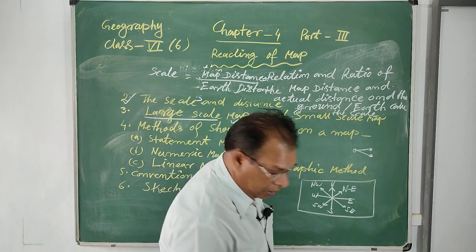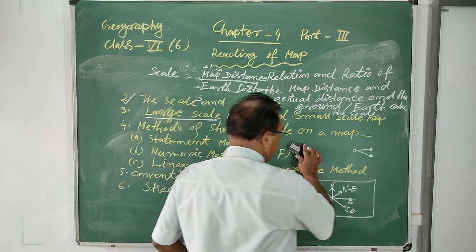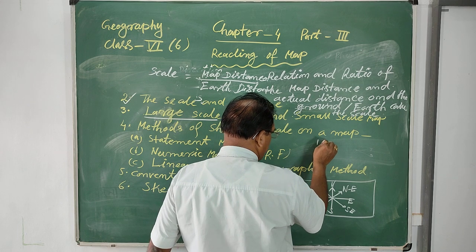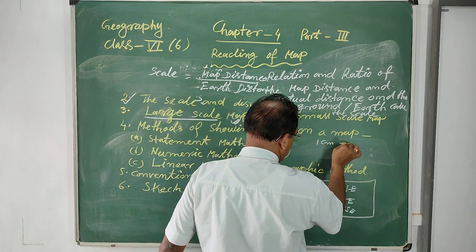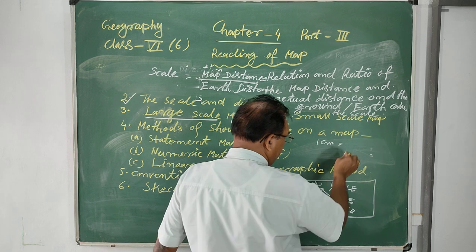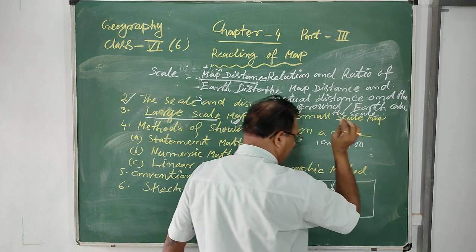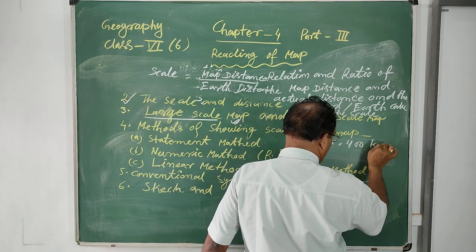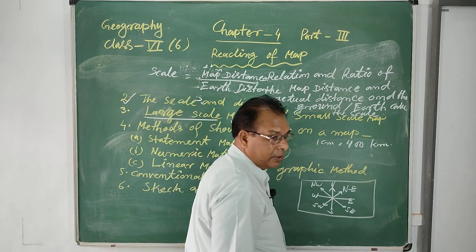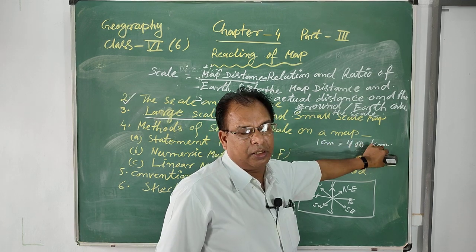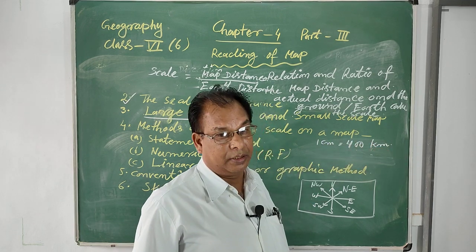Why? In this large scale, suppose that 1 cm is equal to 4,000 or 400 kilometer. Suppose that. So this scale is known as the large scale.